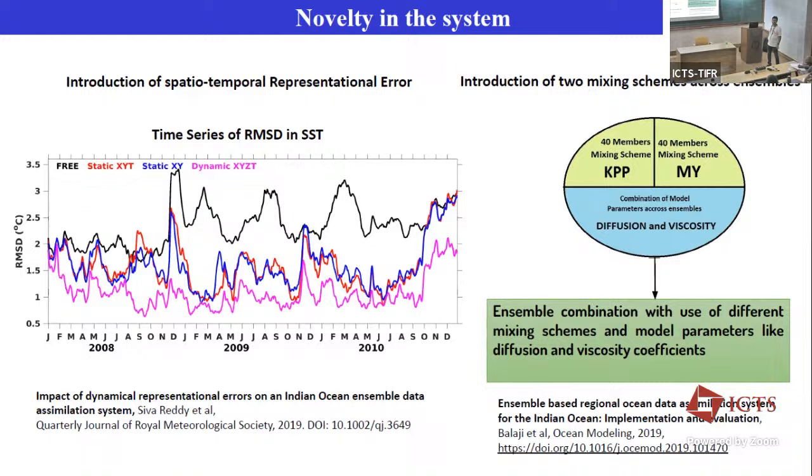The first 40 ensemble members have the KPP mixing scheme. The other 40 have the Mellor-Yamada mixing scheme. Then there are combinations of model parameters like diffusivity and viscosity that vary across these models. So the combination of all these schemes helps us in arresting the ensemble collapse and getting a healthy spread.